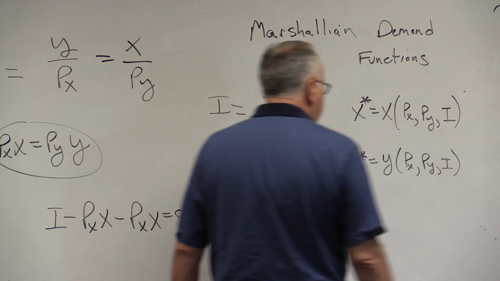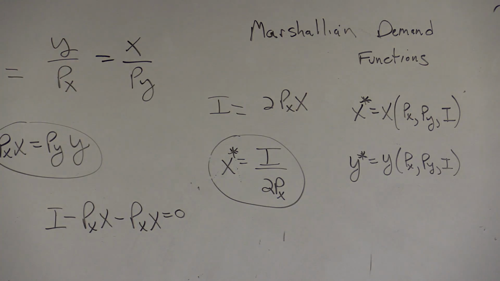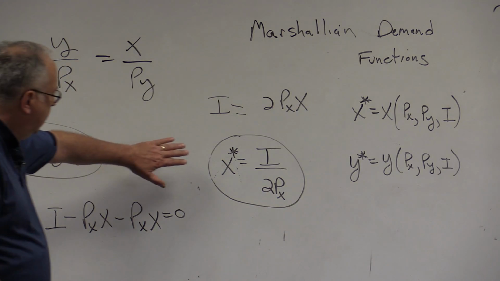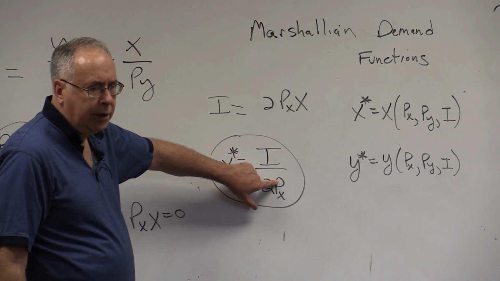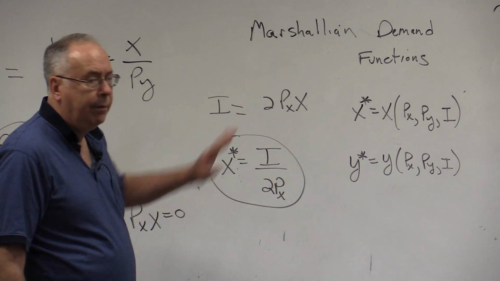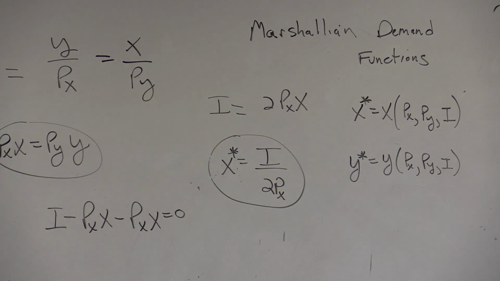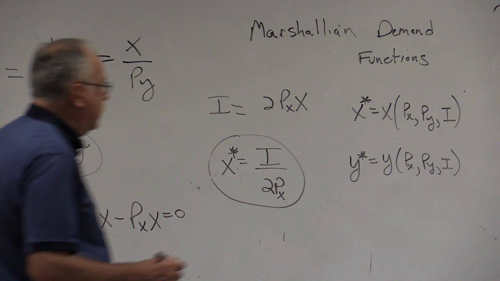But in this special case, notice the demand for good x is just a function of income and the price of good x. Price of good y doesn't enter. But in other cases, it might. Okay. Marshallian demand functions or ordinary demand functions. It's another term used.